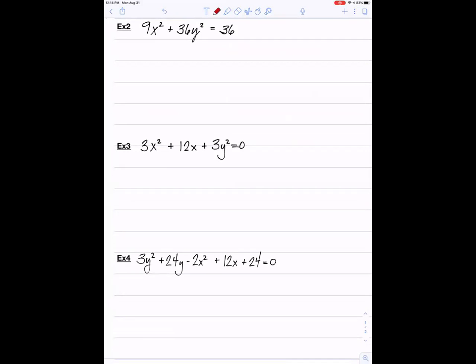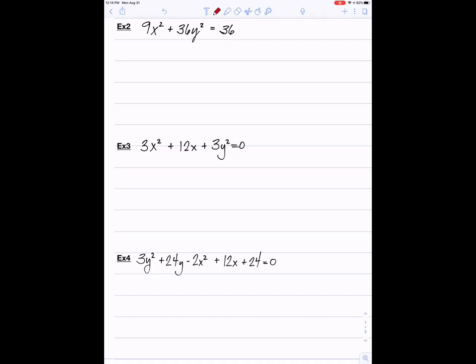Does one of the other equations pop out as, oh, this has to be such and such because... Why would you say, Leah, that the bottom one is a hyperbola? What makes you say that? Oh, so Leah says that on example number 4, my x squared term is negative.